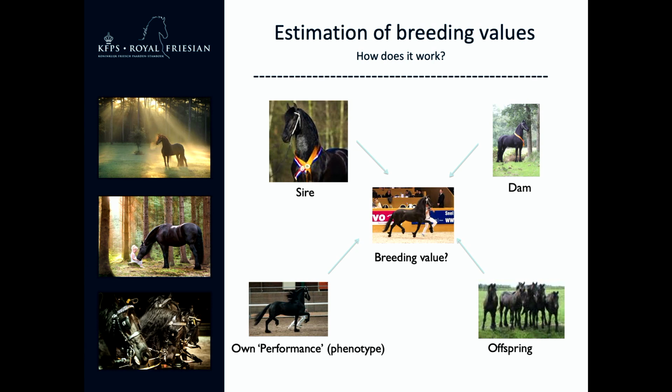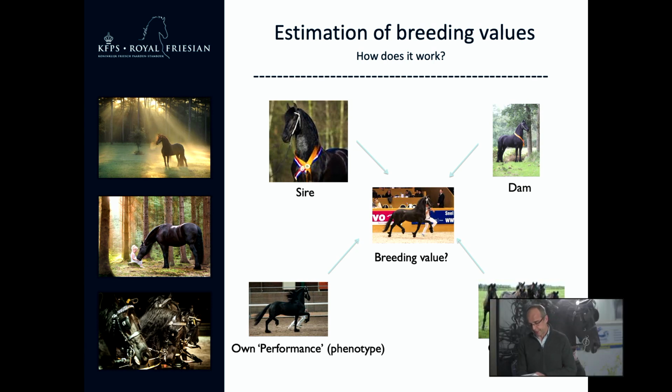In predicates, the pedigree is not included. And so that's actually the item that makes breeding values more valuable: you have both the own performance, the phenotype, so that could be a judging result, an IBOP result, or an ABFP result, and you combine those with the sire and the dam information.